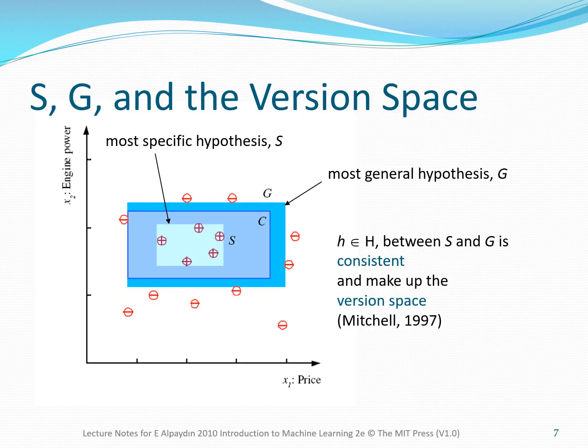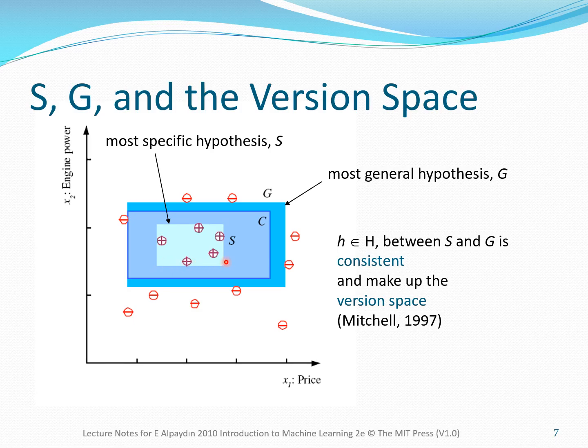One possibility is to find the most specific hypothesis S, that is, the tightest rectangle that includes all the positive examples and none of the negative examples, as you can see in this graph. In this figure, this is S, which is the tightest rectangle with all the positive samples.